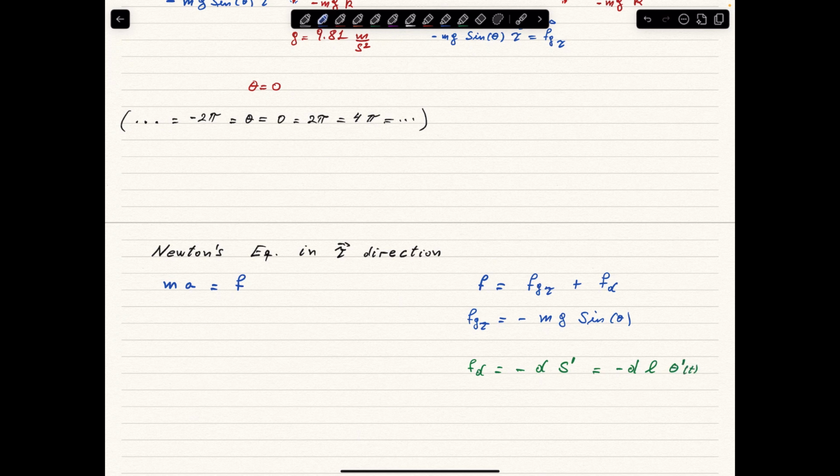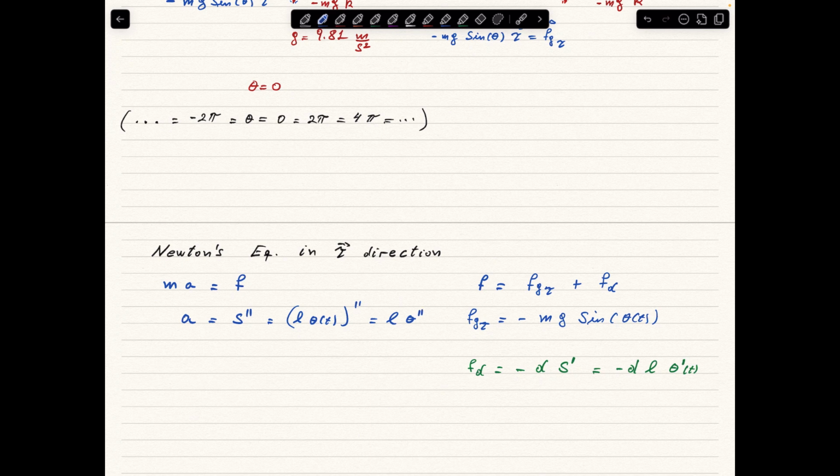Recall the expression for the acceleration is the second derivative of the position along the circle, and this is going to be L times theta of t double prime, and this happens to be L theta double prime.